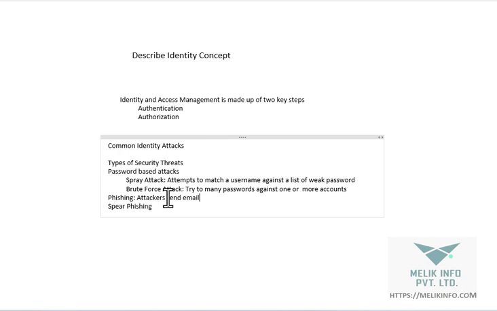The hackers have become more sophisticated, and it has also become very difficult for us to identify such emails. So if we make a mistake, they can easily deceive us.